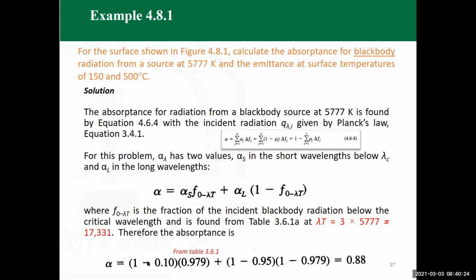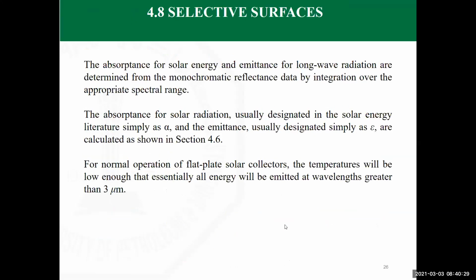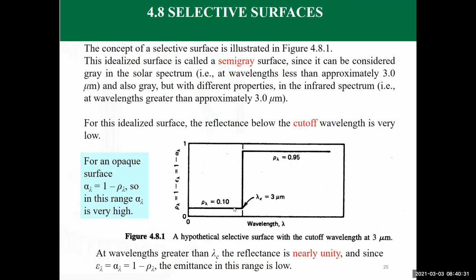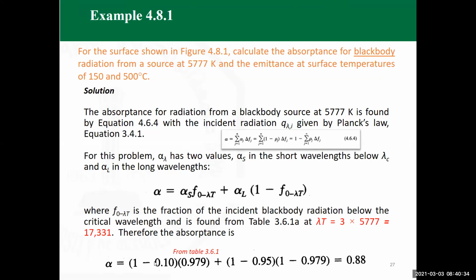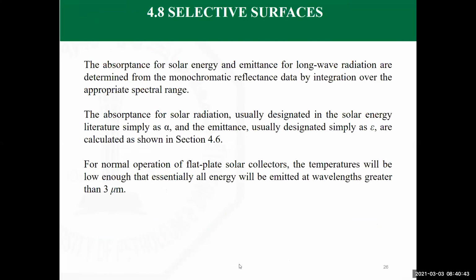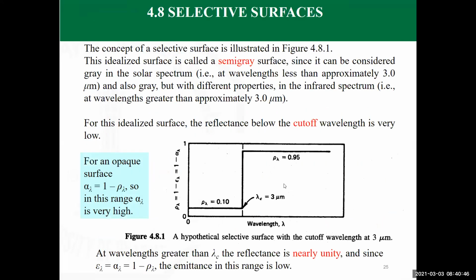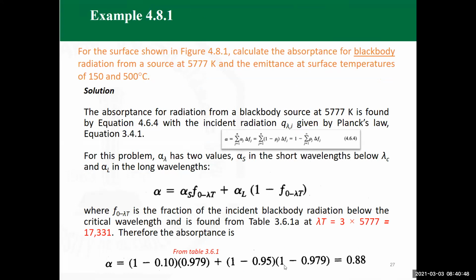This parenthesis actually should be the corresponding value of alpha, which is 1 minus rho, and the rho is 0.1 in that range. So 1 minus rho, which is alpha, times that fraction of the energy at that range, plus the value of alpha, which is 1 minus rho, which is 1 minus 0.95, times the integral from 3 up to infinity, which is given as 1 minus 0.979, the value that we got here.